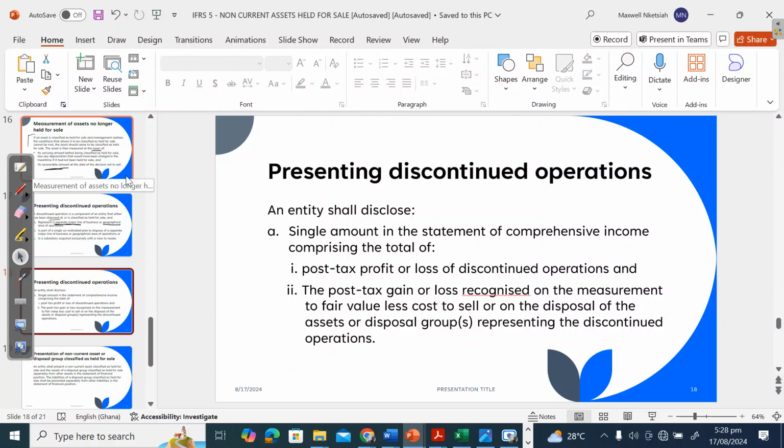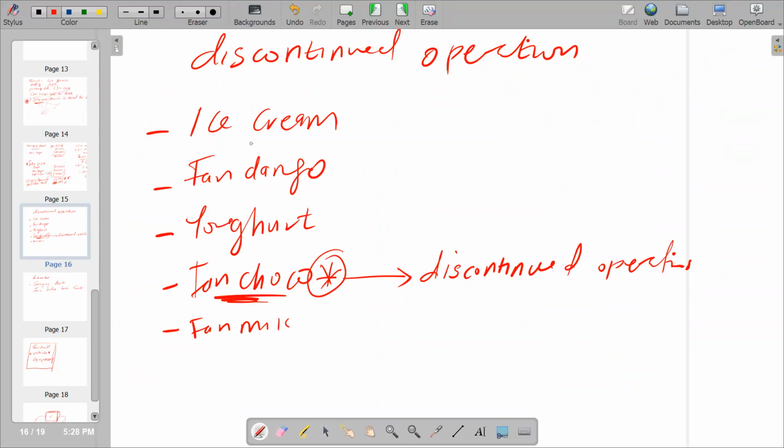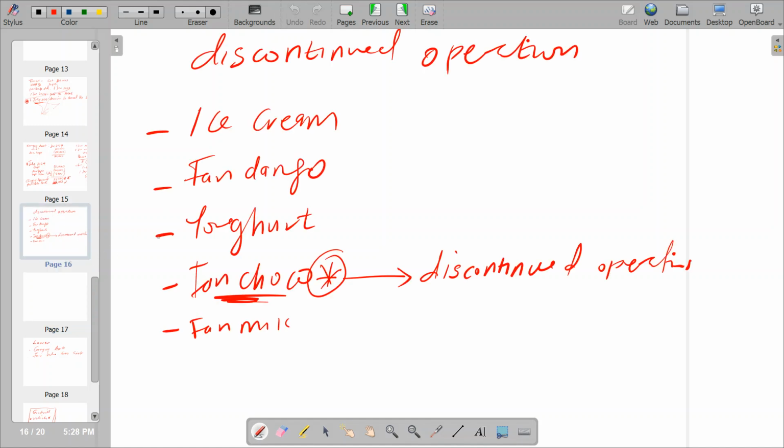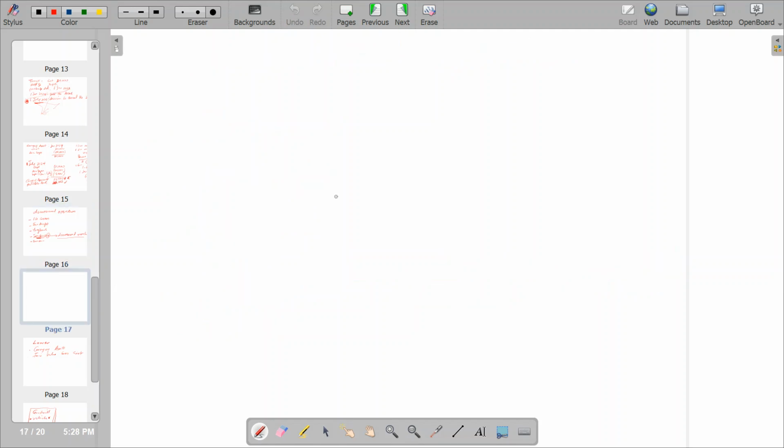So what we have to do is that we need to determine all the income. For instance, let's take our fine choco. We have decided to stop operating, but before then probably they were making some sales and incurring some expenses.